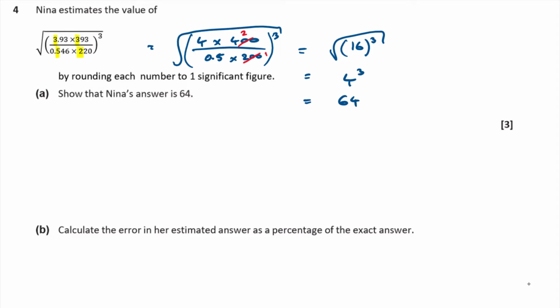Part B says, calculate the error in her estimated answer as a percentage of her exact answer. So what is the exact answer? Let me just type that into the calculator and find out.